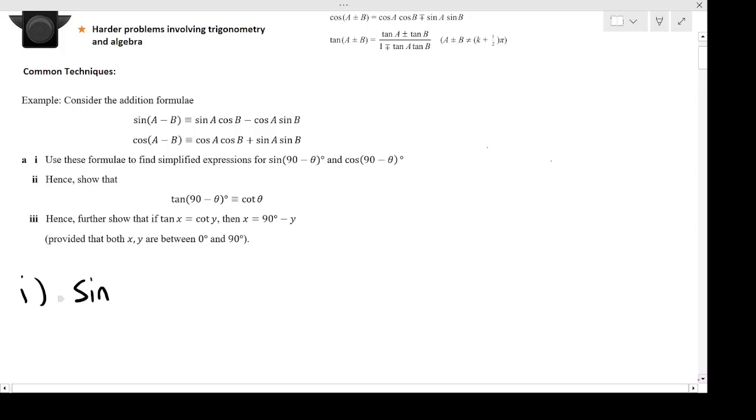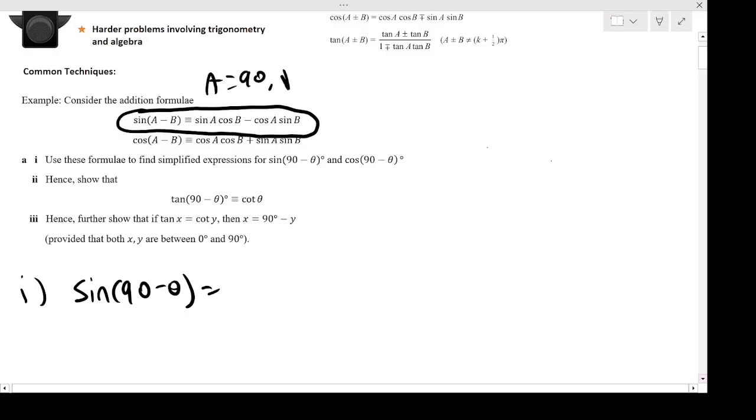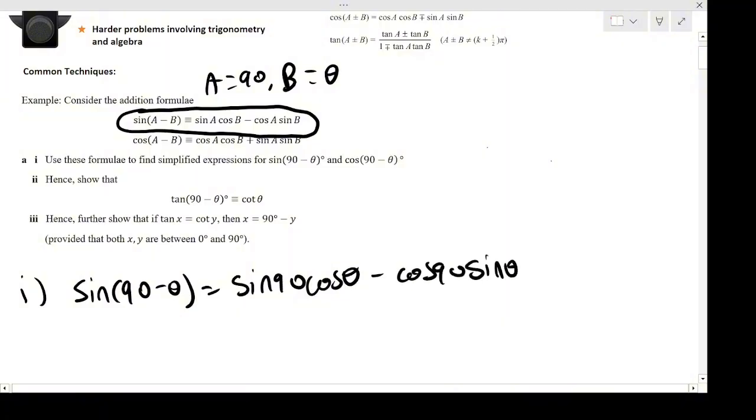So sine of 90 minus theta firstly. I'm going to be using the sine formula here. You can clearly see if I want 90 take away theta, I'm going to have to take A to be 90 and B to be theta. So if I sub that in, I get sine 90 cos theta, take away cos 90 sine theta.